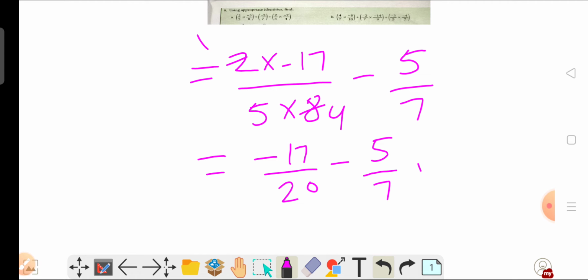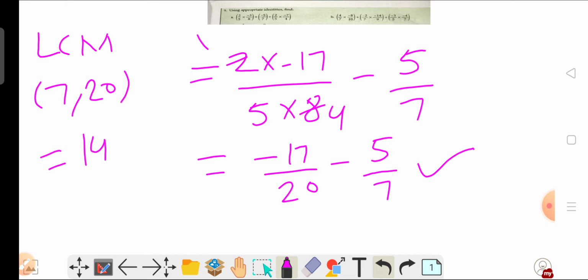Now we have to solve this. Again we have to take the LCM, and the LCM of 7 and 20 is equal to 140. So what is the LCM? 140.